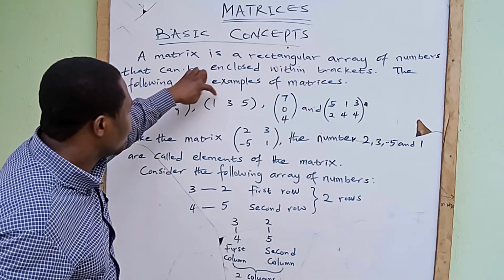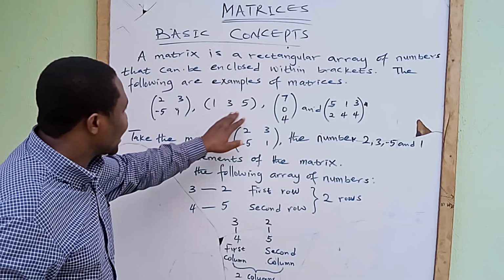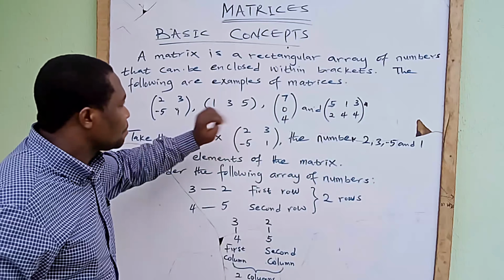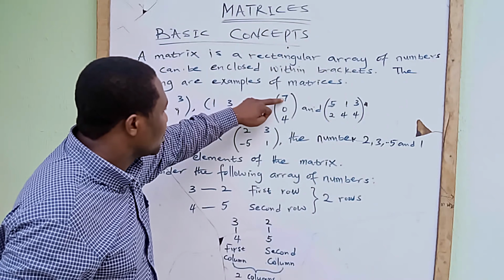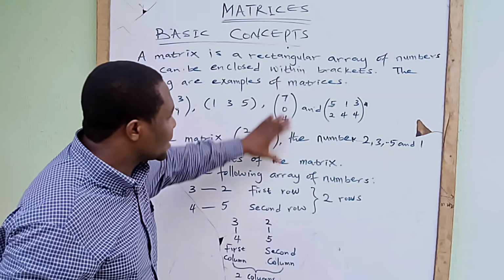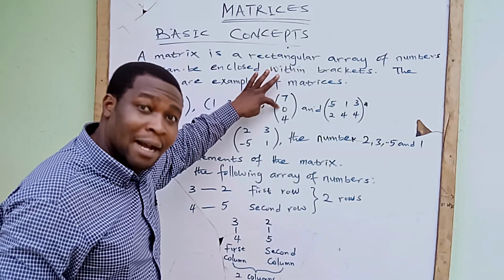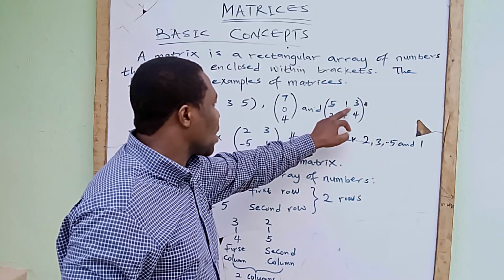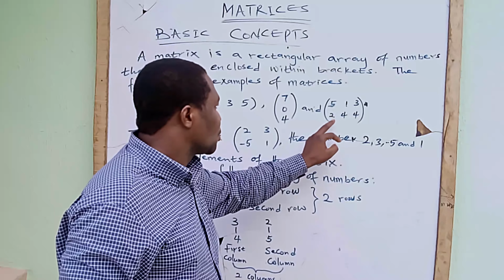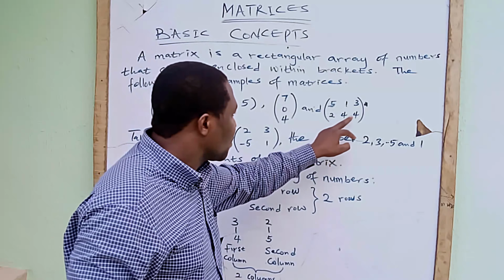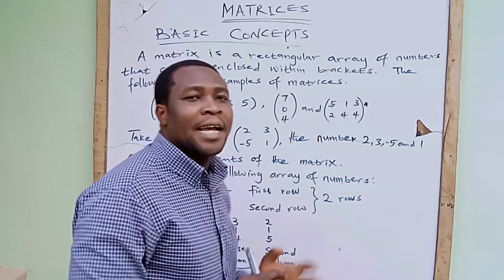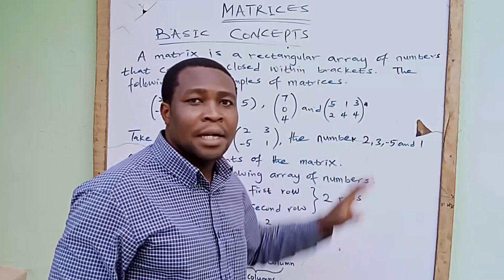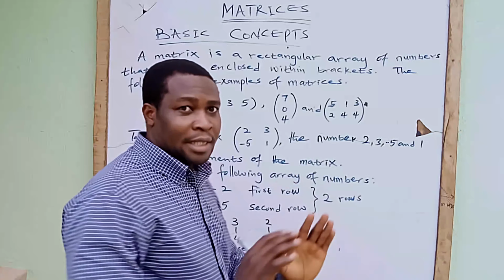Likewise, 1, 3, 5 are the elements of this matrix. 7, 0, 4, all these are the elements of this particular matrix. Look at this: 5, 1, 3, 2, 4, 4. All these are the elements of this particular matrix. So we need to understand that.